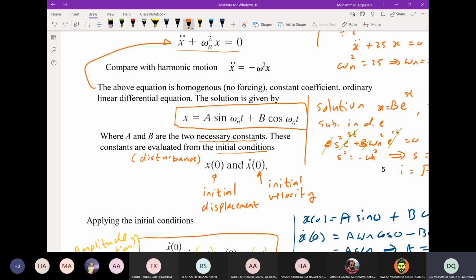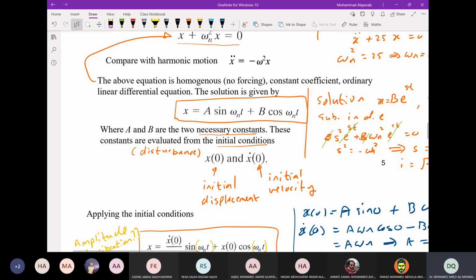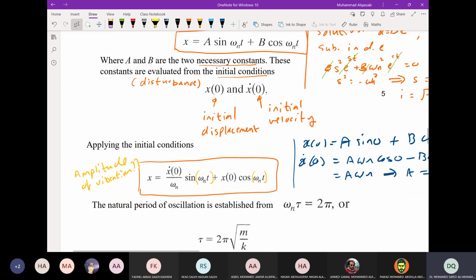When you want to solve the differential equation, it means you want to find x for all time, which is given in general as x equal to a sine omega nt plus b cosine omega nt. A and b are constants to be found from the initial conditions, which are x at 0 and x dot at 0, the initial displacement and initial velocity.